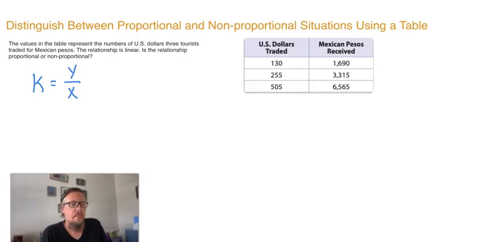If that constant of proportionality is constant across all of these values, that would also indicate that the relationship was proportional.